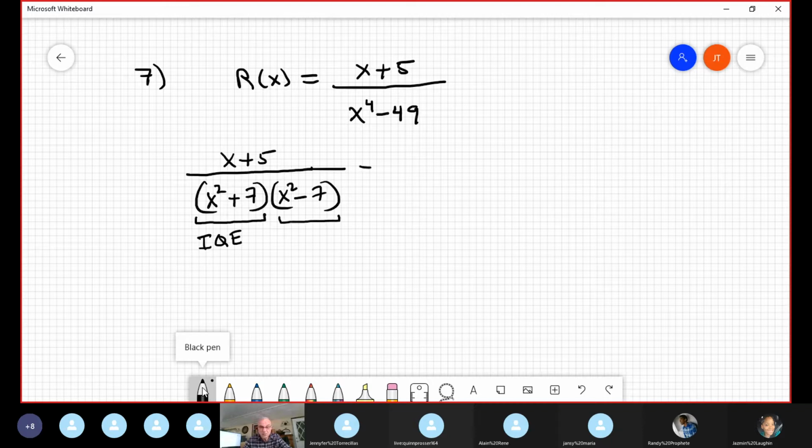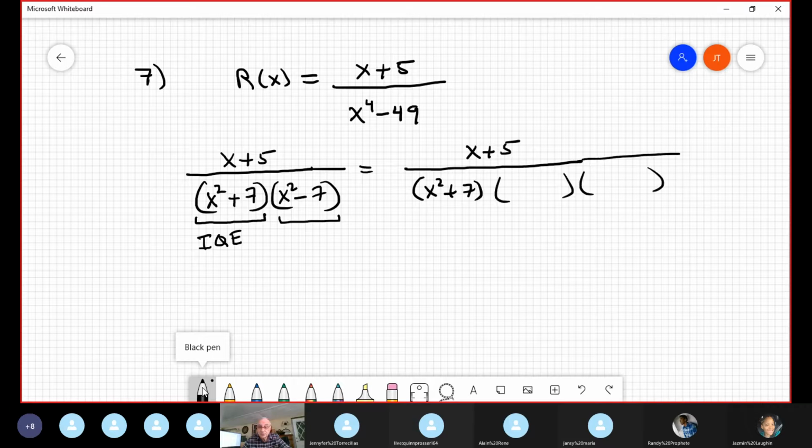Let's factor out again. So we have x plus 5. This is still the same because the solution for that part is complex or imaginary, doesn't matter. And we break it down like that. x minus radical 7 or x plus radical 7.